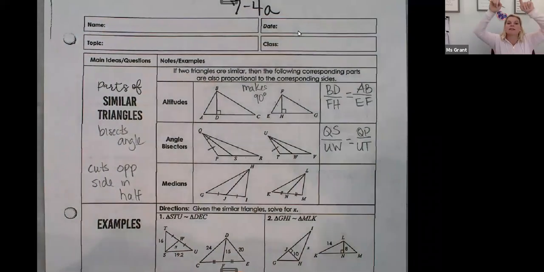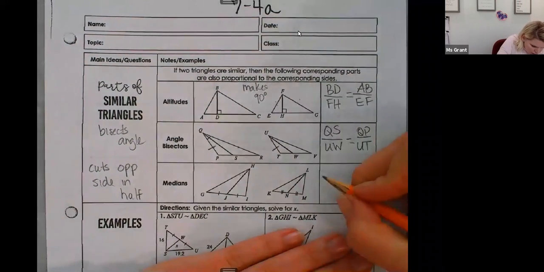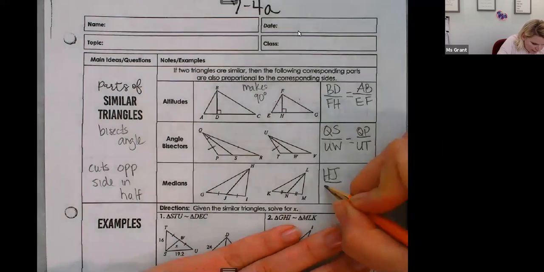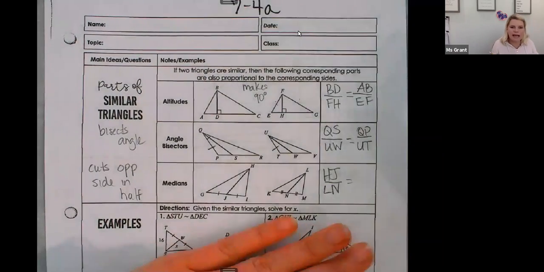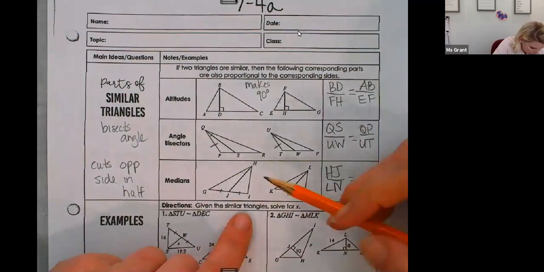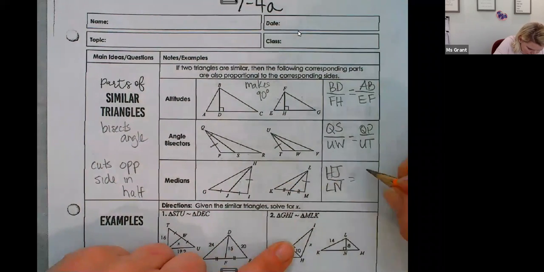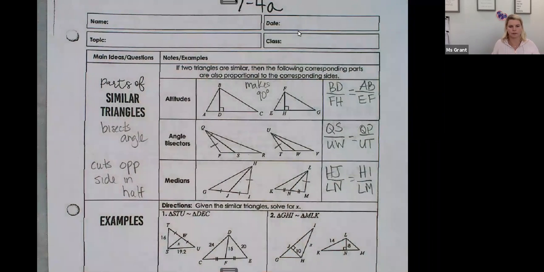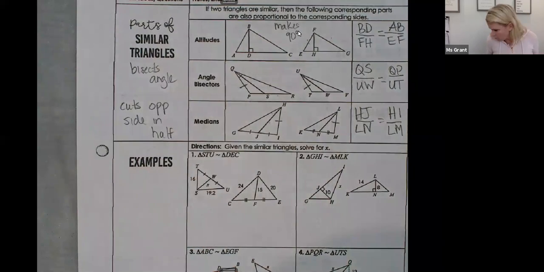So I'm going to compare still the middle line, HJ over LN, to one of the sides. It could be even HI and LM. Doesn't matter which side you compare, left side, right side, whatever.